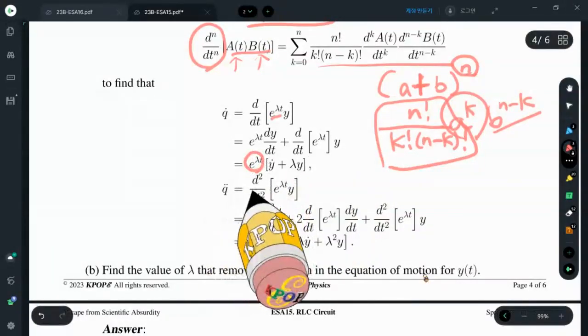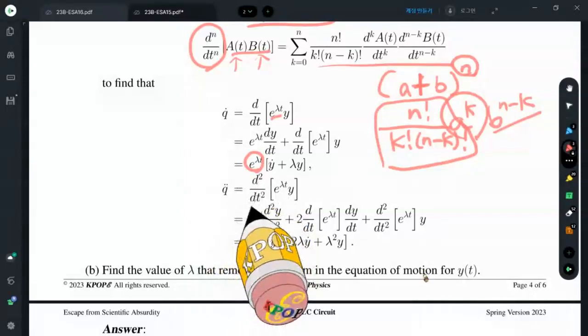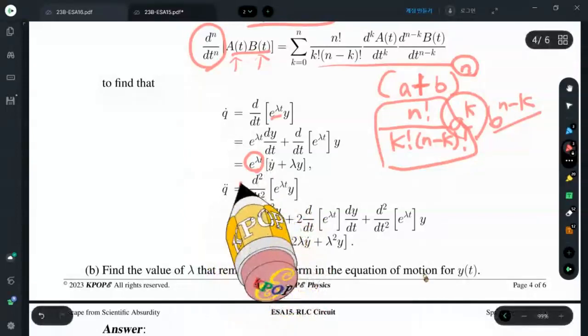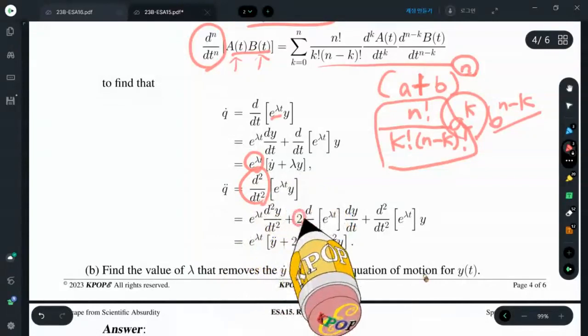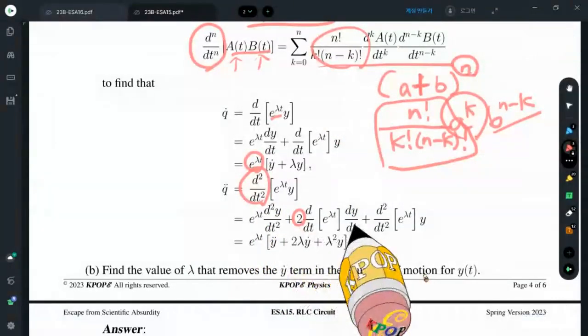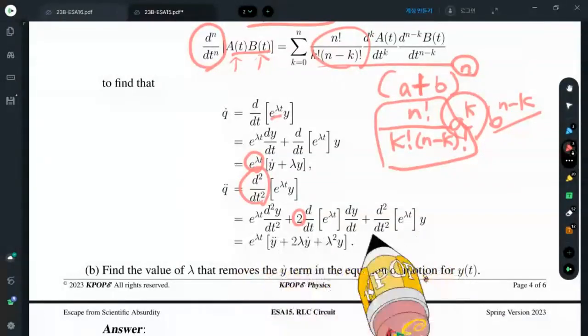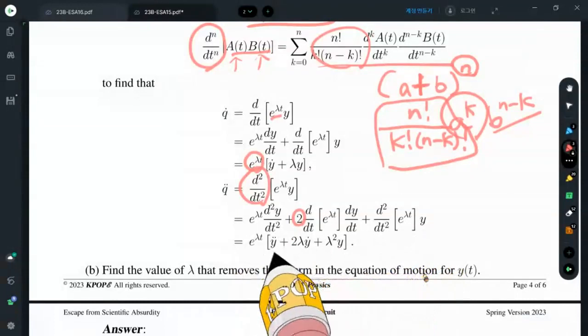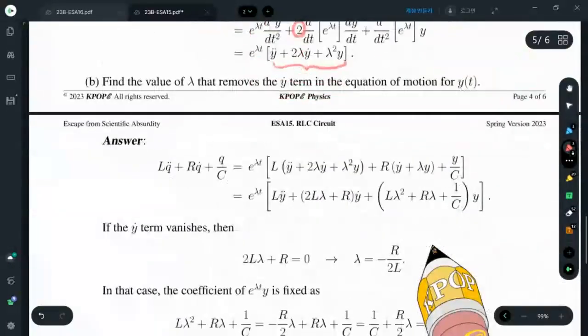So exponential lambda t is the factor. In a similar manner, I can take the double derivative to find that now we have a multiplicity factor appearing for the single derivative, and after rearranging the expressions, we have this kind of piece.